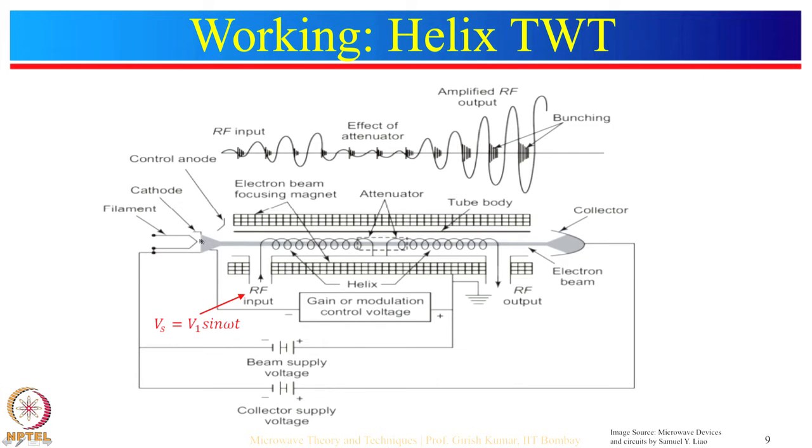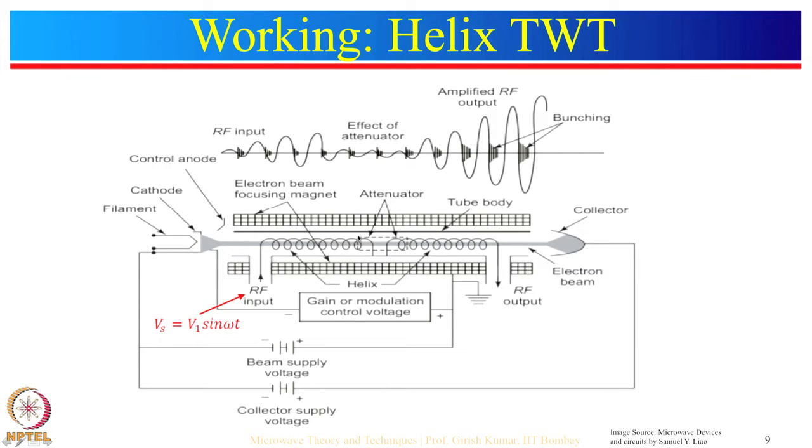This is the cathode from where electrons are injected in the tube, and this is the collector where electrons are collected after travelling through the tube, and this is the RF interaction region where there is a helix structure, and at this point of helix RF input is provided, and at this point of helix RF output is taken.